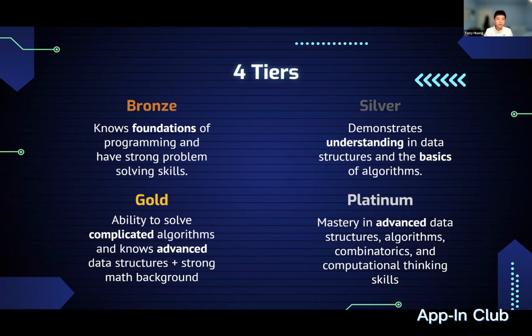If you can advance past silver, you can go to gold, which shows you have the ability to solve complicated algorithms and advanced data structures with somewhat of a strong math background. And then if you're really good, you've reached mastery, then you can reach platinum. And here you have advanced data structures and algorithms and combinatorics, and you demonstrate amazing computational thinking skills.